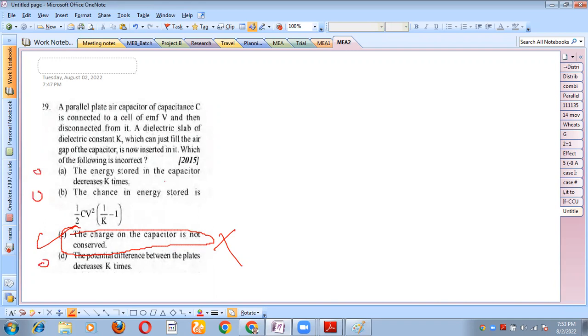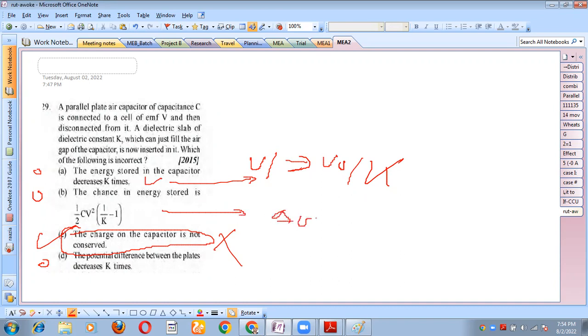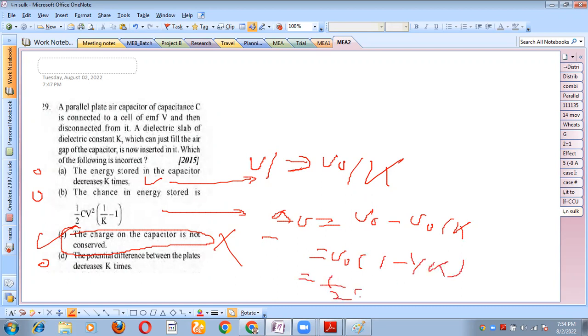But for the sake of knowledge, let us go through this. The energy stored in the capacitor decreases K times. We already know that U is equal to U naught by K. So this is true. The change in energy, delta U: U is equal to U naught minus U naught by K, so it will be equal to U naught times 1 minus 1 by K, and we know that U naught is half CV square. So half CV square times 1 minus 1 by K. So this is also true.